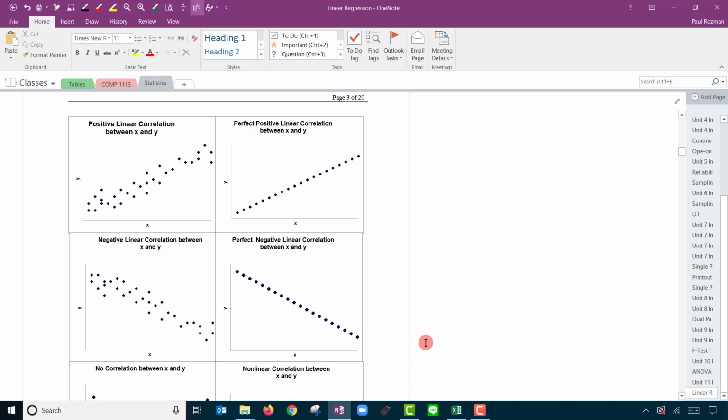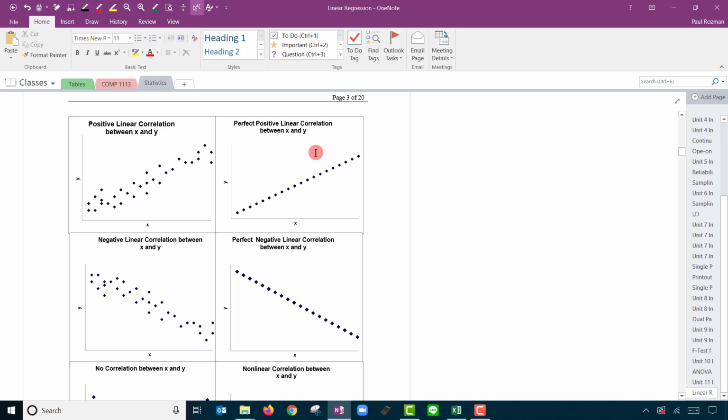Here are some examples of two variable cases where I have a variable x on the x-axis and a variable y on the y-axis, and I can see that given a value of x, I can make a reasonable prediction about what y would be. This is a positive linear correlation because it's following a line, and it has a slope that's upward.